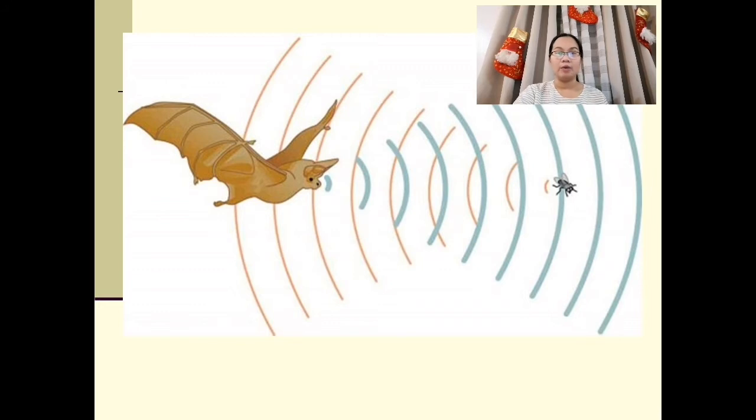So again, one application of reflection of sound is echolocation. These are also being used by submarines. You can do your research on echolocation so that you will be able to find out more applications of echolocation.